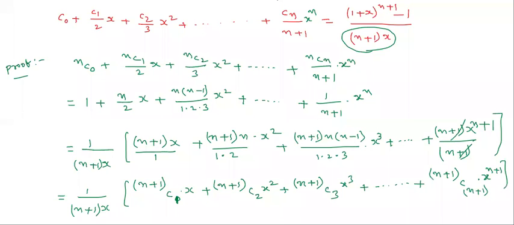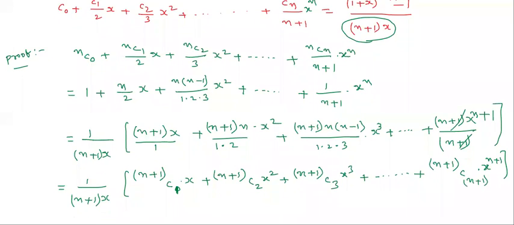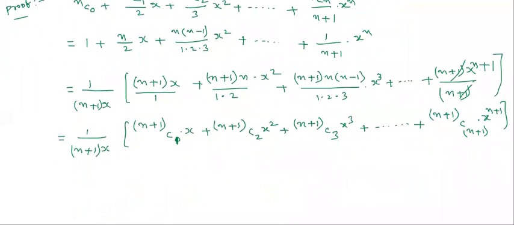By observing this total expansion, students, observe whether any term is missing. Yes, the starting term n plus 1 C0 is missing. So I am going to add and subtract that term.